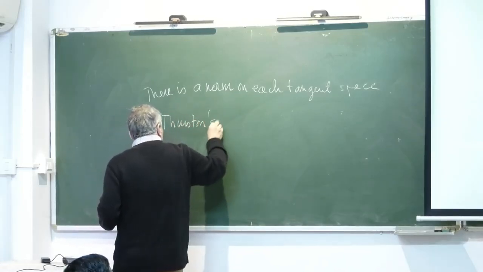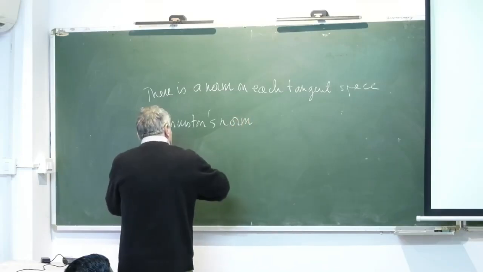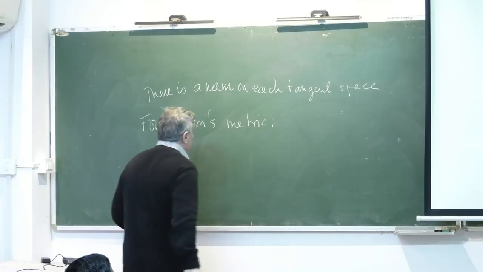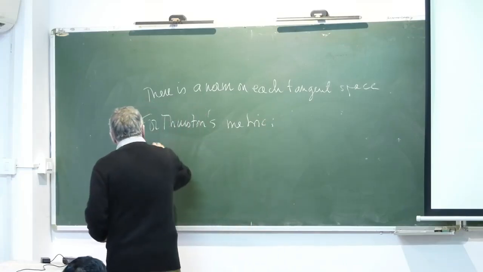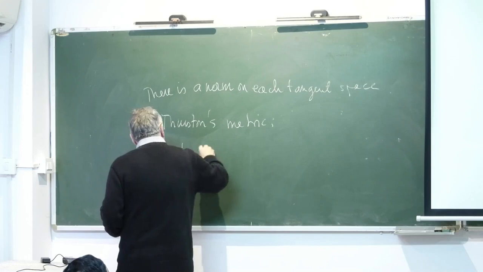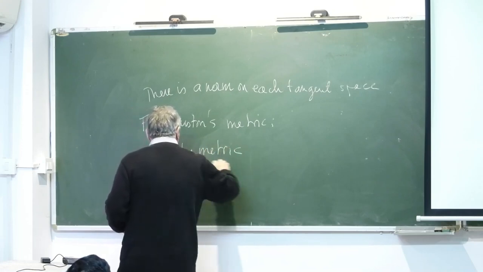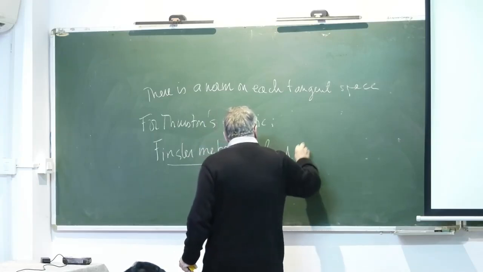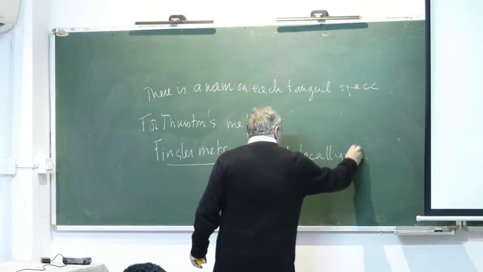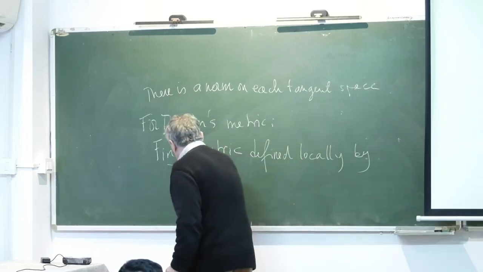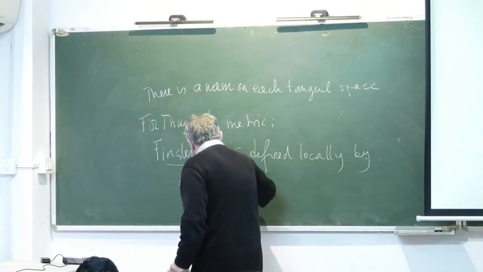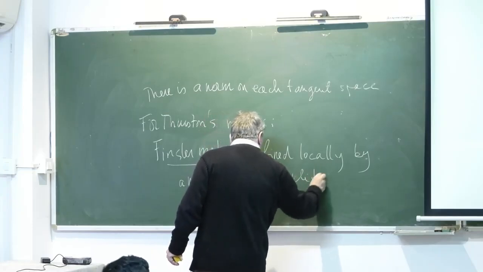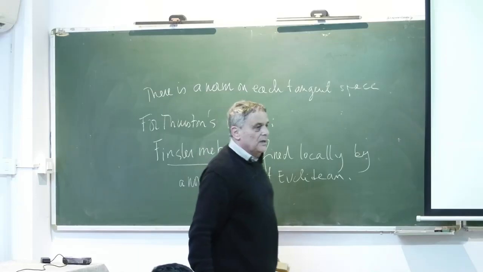For Thurston's metric, this is a Finsler metric defined locally by a norm which is not Euclidean. So this is one thing we will study later.